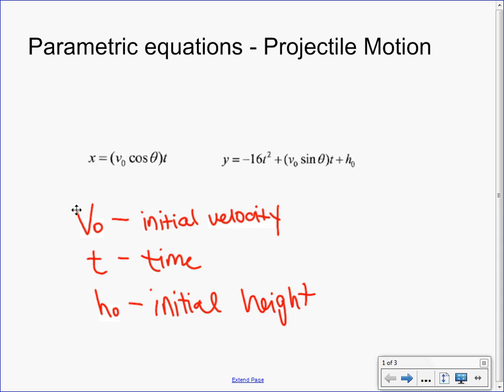The vertical distance. So basically, X is going to represent how far are we from the starting place along the ground. Y is going to represent how high off the ground we are, okay? Now, if we start above the ground, this H naught, that's taking care of it, all right? So Y is representing how high we are off the ground.